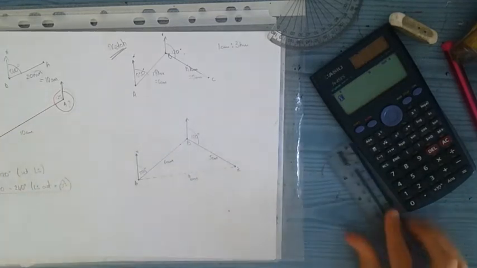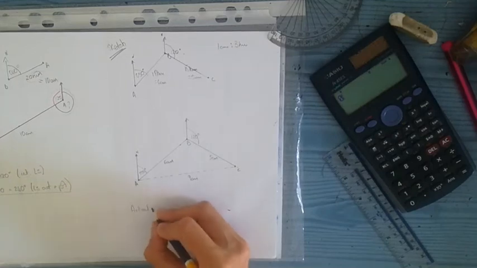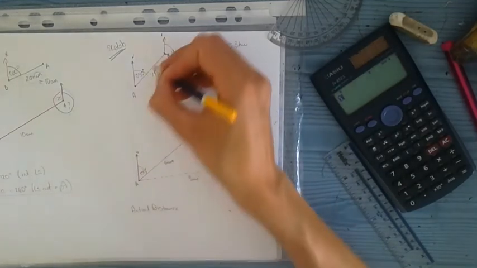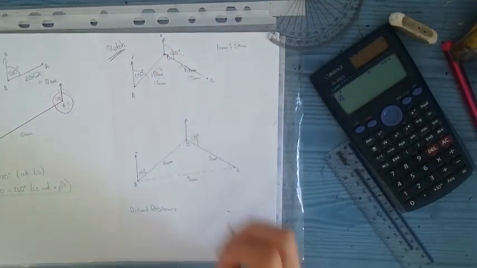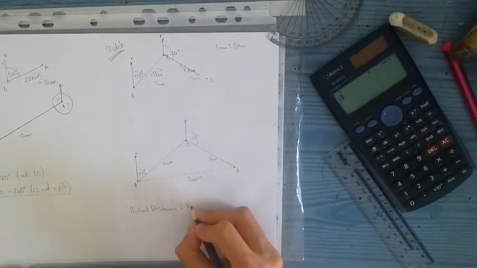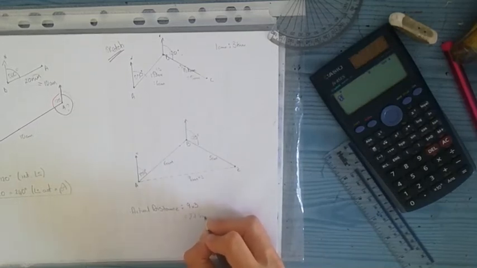But it's asking me for the actual distance. So before, I divided the kilometers by the number 3. So if I have to go back, I need to times it by 3. So I need to do 9 times 3. And the answer is 27 kilometers, girls.